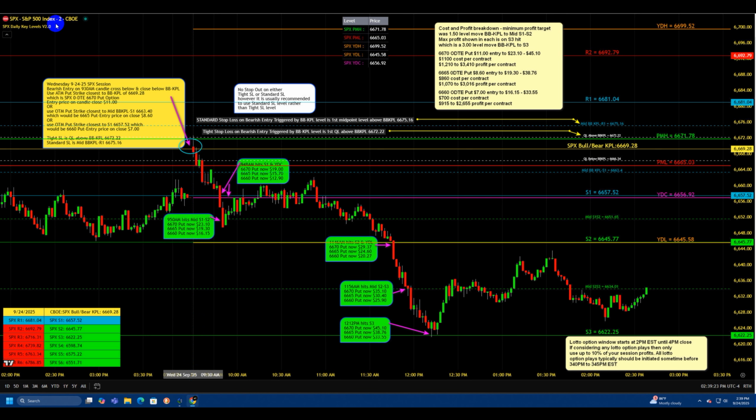We're on a 2-minute time frame. This is the recommended time frame for day trading with this particular indicator. This indicator does work on time frames ranging from 1 minute up to 30 minutes.